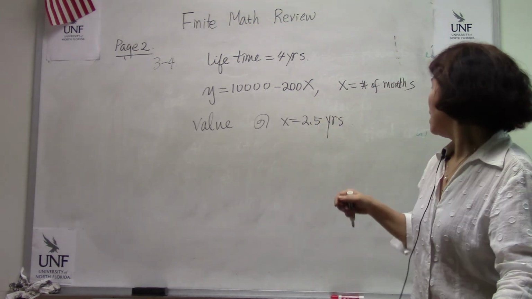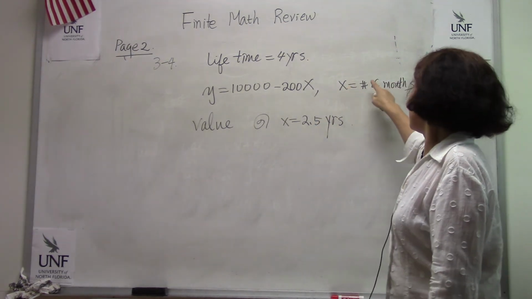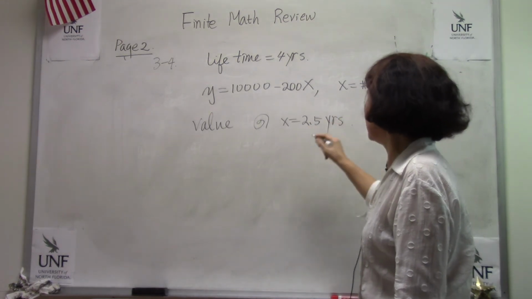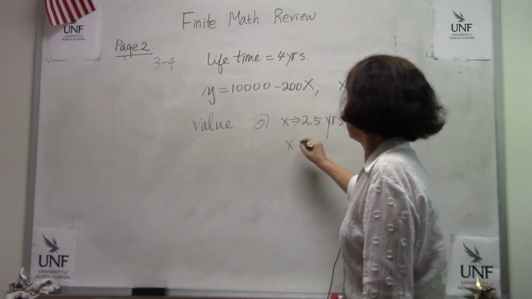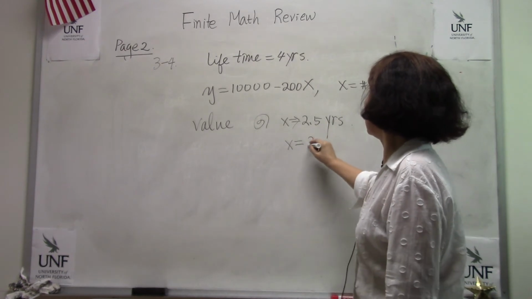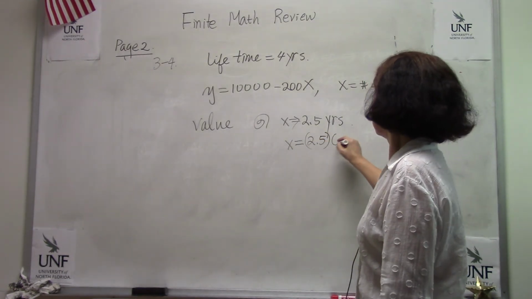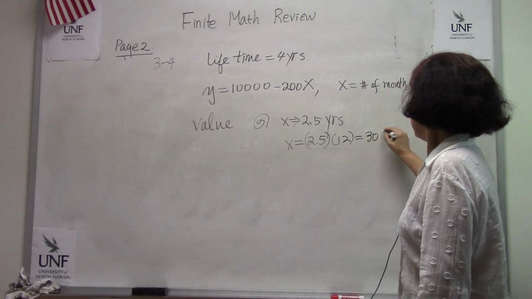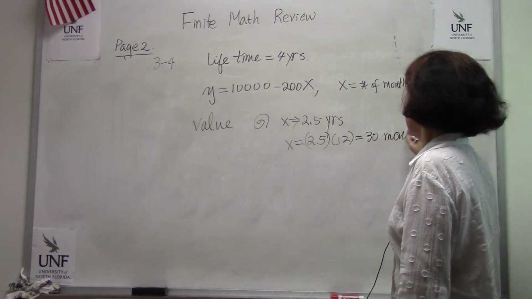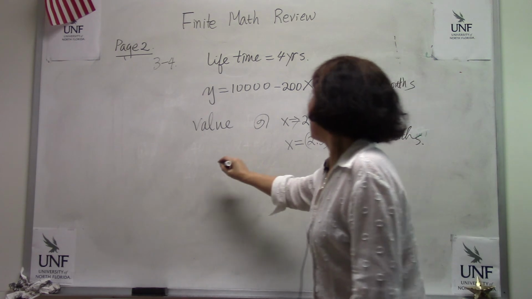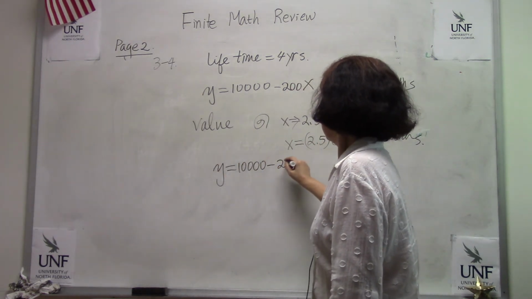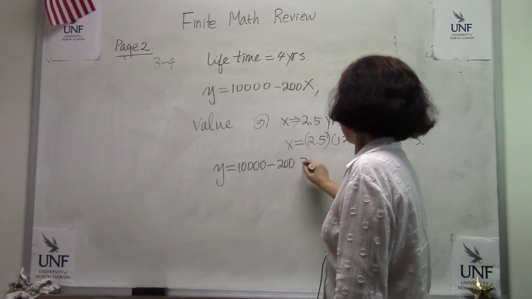But I said here x is the number of months, so we cannot use 2.5 years. So we are going to change this to x equals 2.5 times 12, which is 30 months. So now what is y? y equals 10,000 minus 200 times 30.